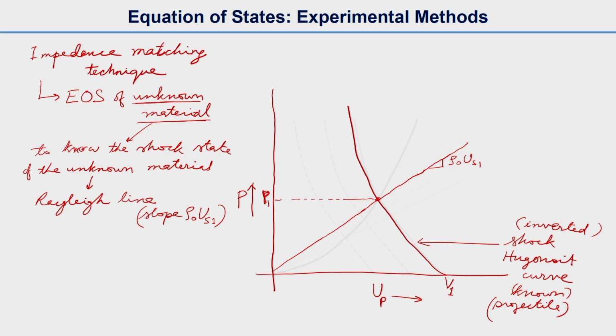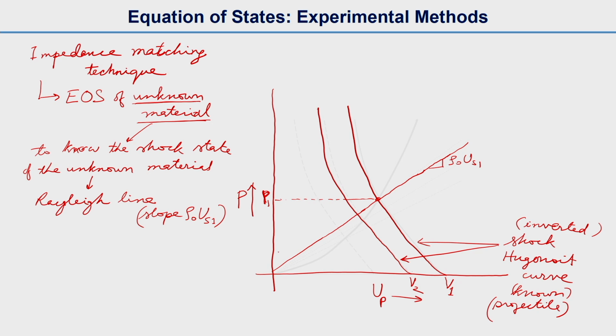So that is why we will try this experiment at a different impact velocity. Let us try it at a velocity V2, and we will get another shock Hugoniot curve for the known material, the projectile.